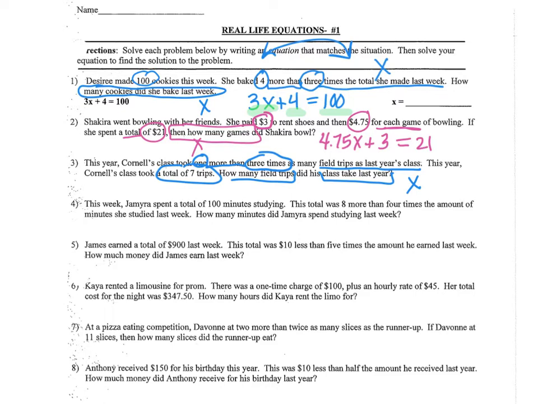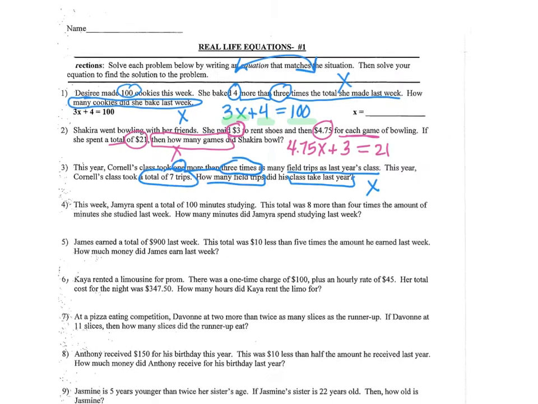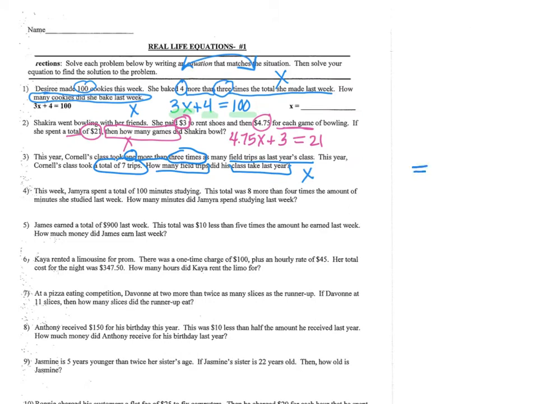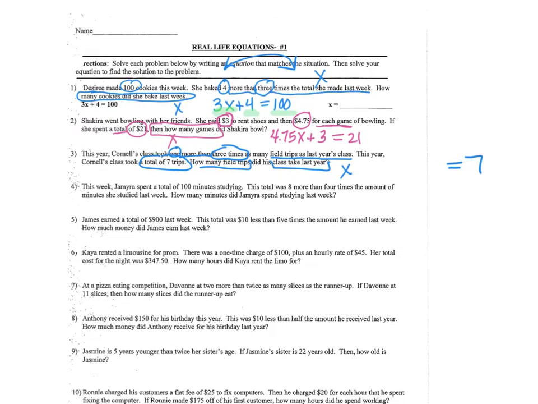Okay. So he says he took his class one more than 3 times the number of field trips as last year's class. So this year Cornell's taken his class on a total of 7 trips. We know that for sure. So we say we're going to take 7 trips. We're going to take 3 more than last year's class.